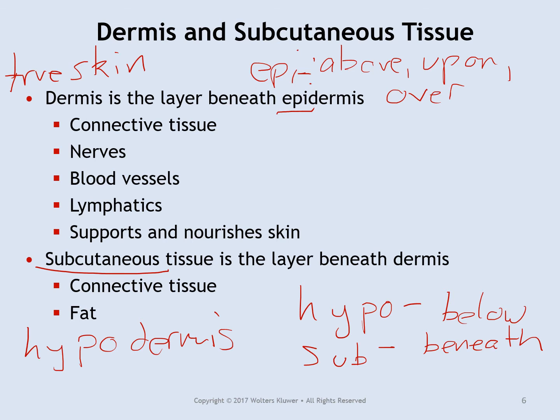So subcutaneous or hypodermis is the layer of the skin beneath the dermis. There's not a whole lot going on here. Lots of connective tissue holding the layers of the skin in place. Lots of fat, especially around bony parts of the body that need a little extra protection, like joints.